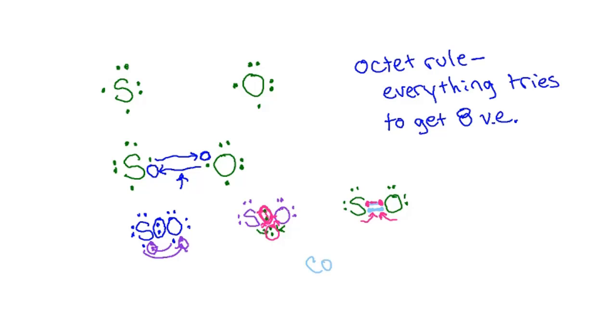Because remember, covalent means cooperate. So these guys cooperate by sharing their electrons with each other. So you end up with a structure that looks like this.